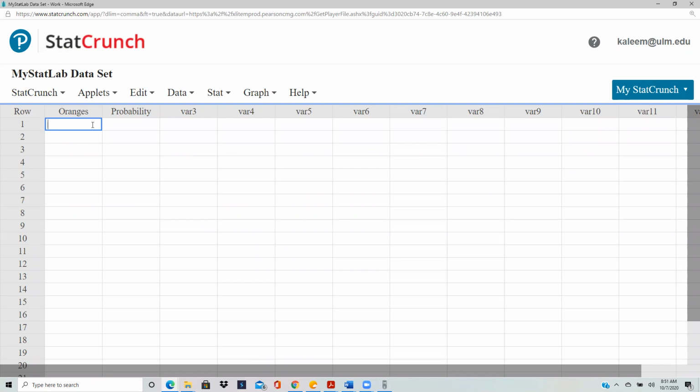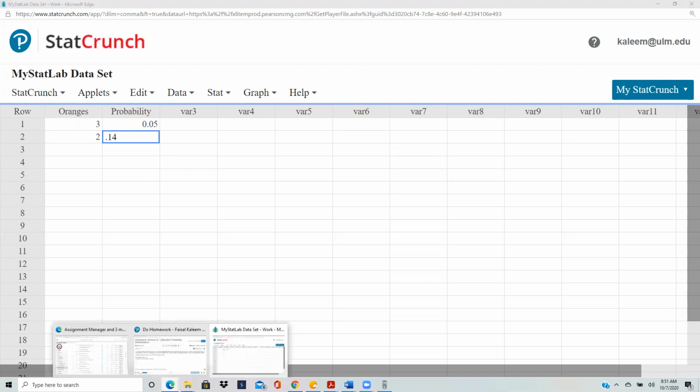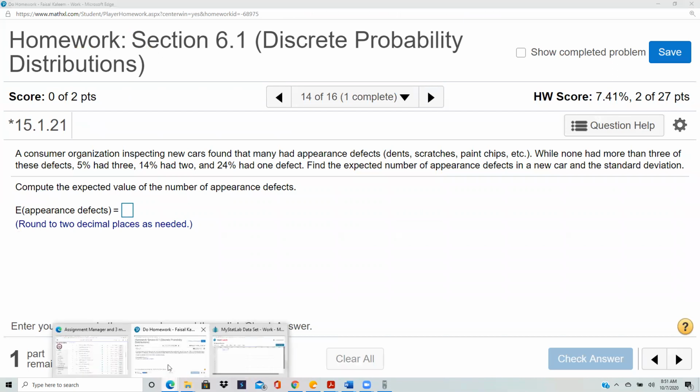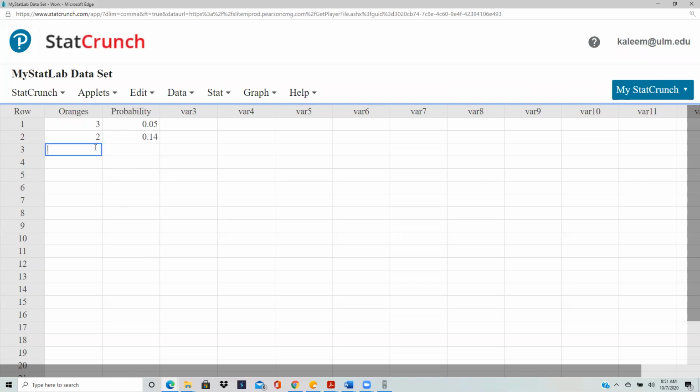Remember, probability is always the second column. So 3 defects is 5%, so 0.05. And 14% had 2, so 2 will be 0.14. And 24% had 1 defect, so 1 defect would be 0.24.